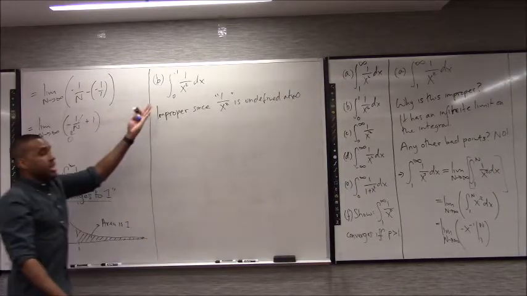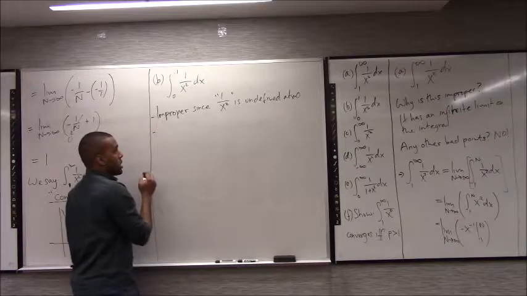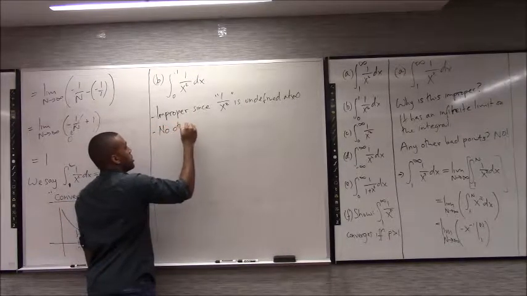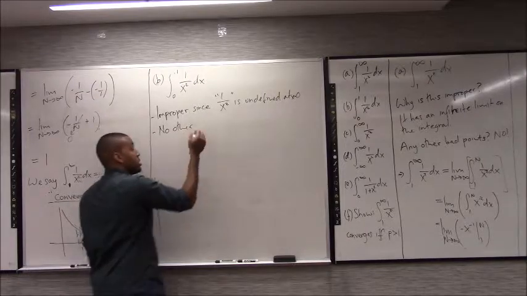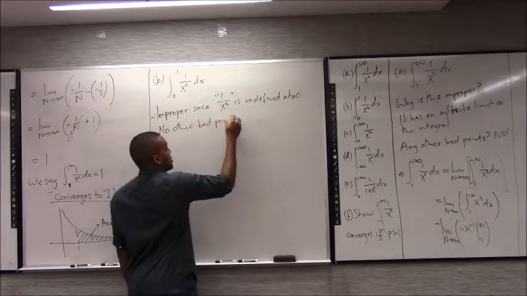So in this case, x equals 0 is the bad point. That was the one that's jumping out at me, but we still have to consider, does this actually misbehave somewhere else? It actually doesn't, so there are no other bad points to worry about here. So that's the only one.